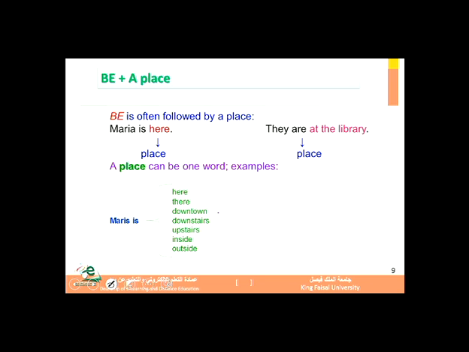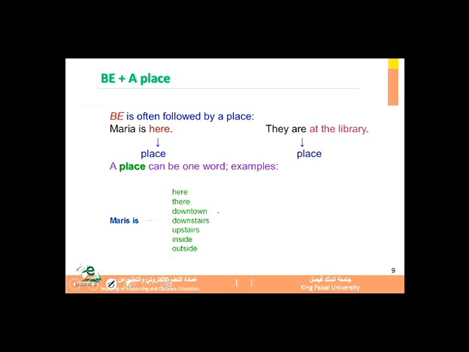So you probably can say, I am here, I am there, I am upstairs, I am downstairs, I am under the table, I am sitting on the table, I have a computer beside me, I am sitting beside the wall. Sorry, I am sitting behind the door, and so on and so forth. So this is where we have an expression indicating a place. So one form of verb to be with a place.